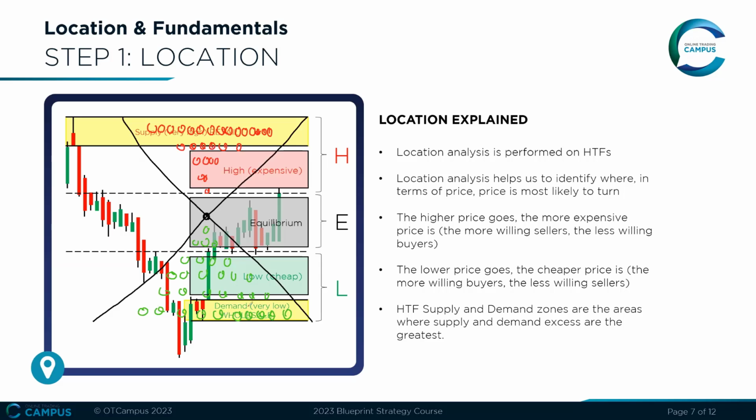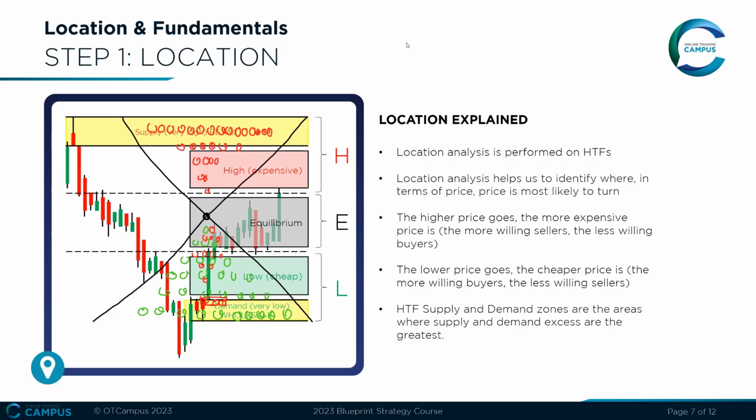If we apply the same on the way down, there may be more willing sellers as price goes down. But eventually, the willing sellers will become less and less until they're completely zeroed out, because there are so many more willing buyers. And that's the origin of higher time frame demand.